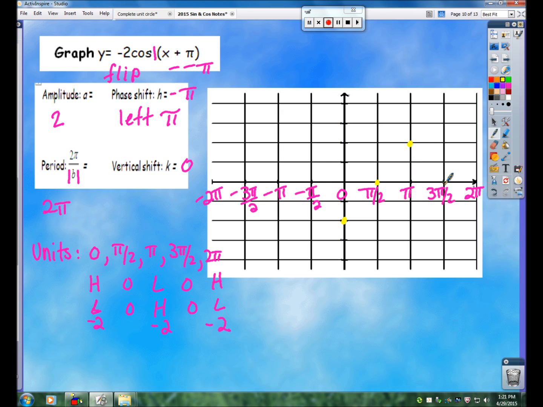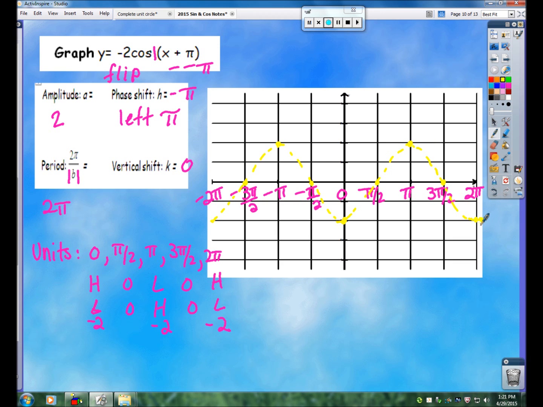At 3 pi over 2, we go back to 0. And at 2 pi, we're going to go down 2. Continue that pattern: 0, high 2, 0, low 2. Let's dot that in. If you got all your points, it's going to be really easy to connect your dots.